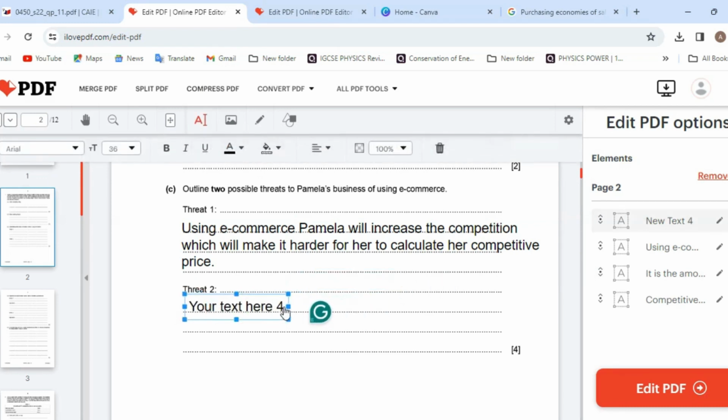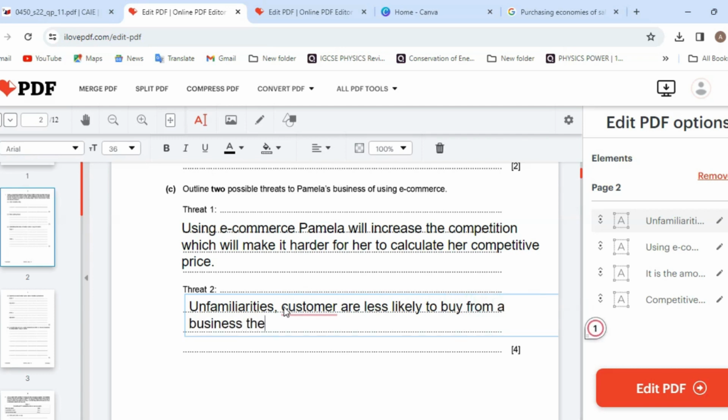Let's type unfamiliarity. Customers are less likely to buy from a business they do not know. And that can lead to lower sales or fewer sales of our toys.